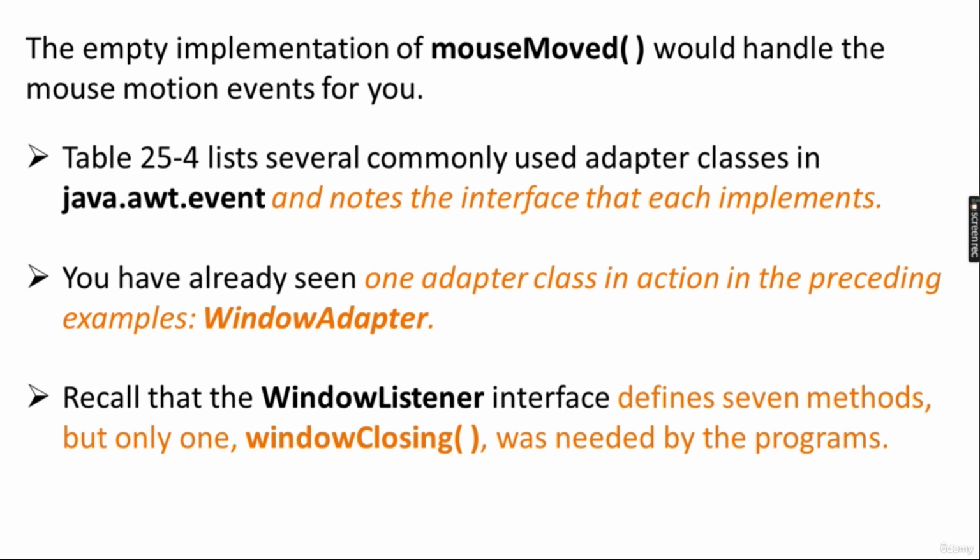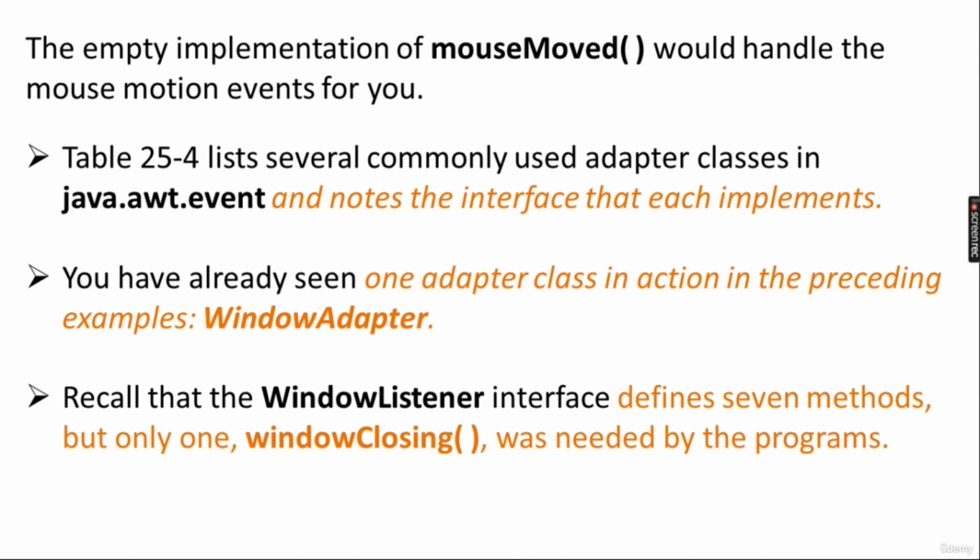You have already seen one adapter class in action in the preceding examples, WindowAdapter for window closing. Recall the WindowListener interface defines 7 methods, but only one, windowClosing, was needed by our programs. So for that purpose, we are not implementing the WindowListener interface. We are extending the WindowAdapter class. If we had implemented the WindowListener interface, we would have to implement all the 7 methods provided by that interface.